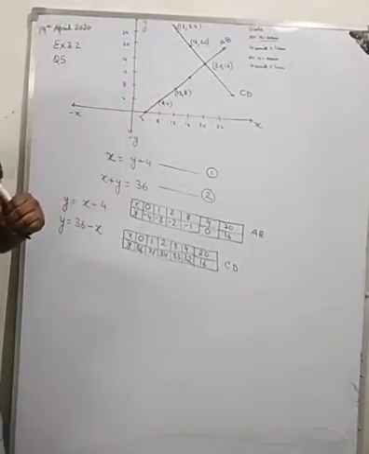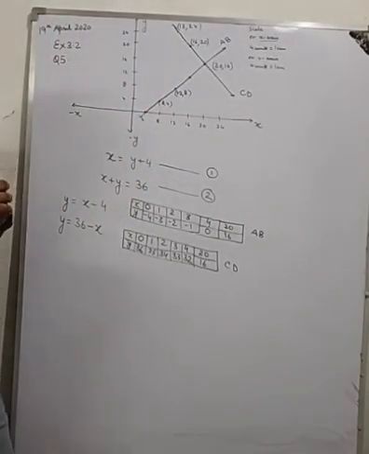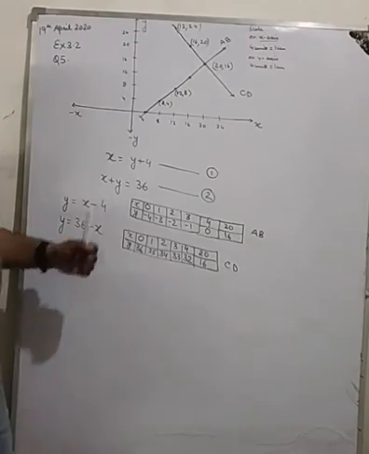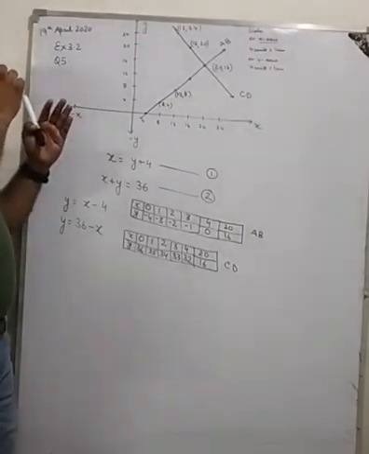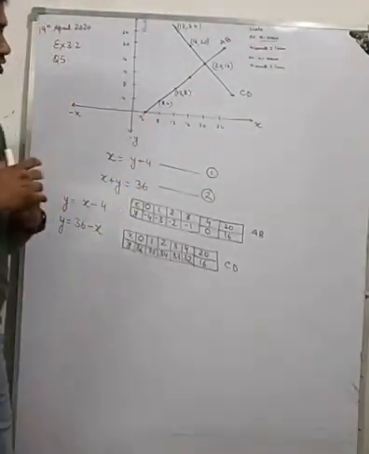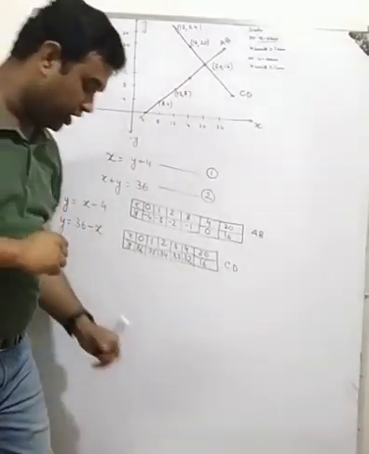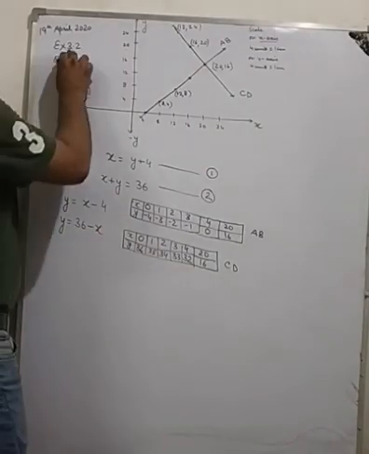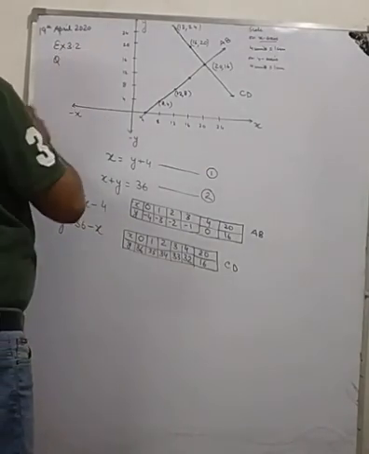Now the third question for today is question number 6 of exercise 3.2. Again the same exercise, but question number 6. So what is given in this question?